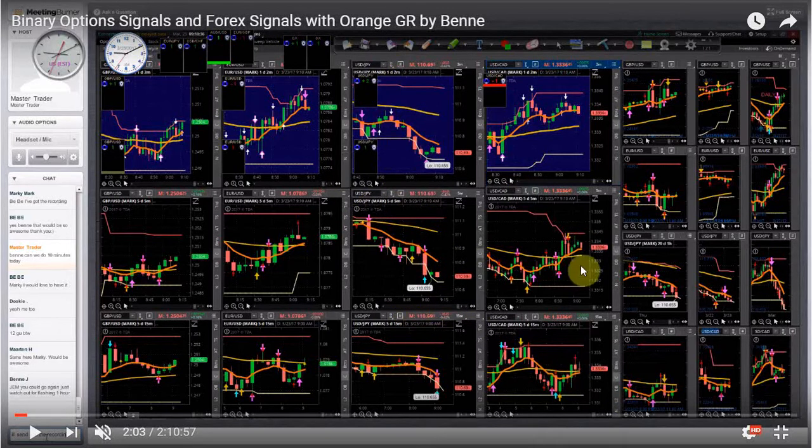Let's take the UC. This is perfect. The UC is, let's see now, 1 up, 2 up with the trend, because the orange is above the yellow or the gold, that means up. 1 down, 2 down, 3 down.